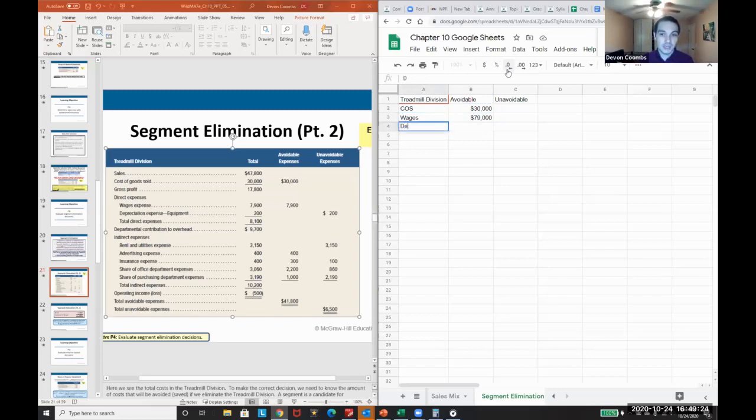What else? Depreciation. That's unavoidable, right? It's unavoidable because we bought that equipment. It doesn't change the fact that we bought the equipment. We're going to depreciate. Maybe we can sell it and build that into our calculation, but it's an unavoidable expense. That equipment's going to exist for our other departments. Then we go down to rent and utilities.